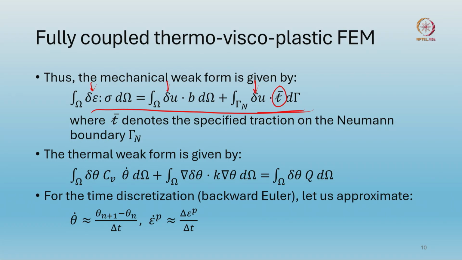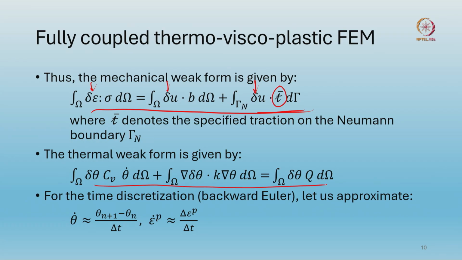Then the thermal weak form similarly will be in terms of delta theta, the virtual variation of temperature, and again recall that this is a linearized form, derived from the original equation. So, this is the situation.